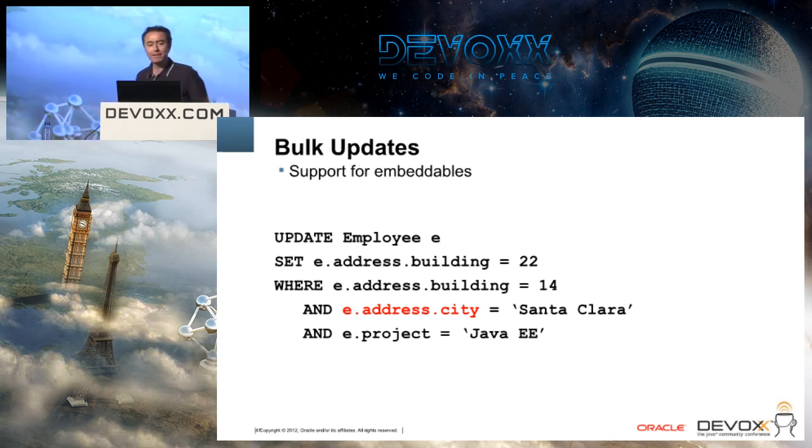Bulk updates. A bulk update is where I can just wholesale change data, right? It's just an update. Update all the employees whose address building is 14 and whose address city is Santa Clara and whose department is Java EE, and set their address to building 22. I actually think this is a real example because there's an Oracle campus in Santa Clara, and I have a feeling the Java EE team may have moved.